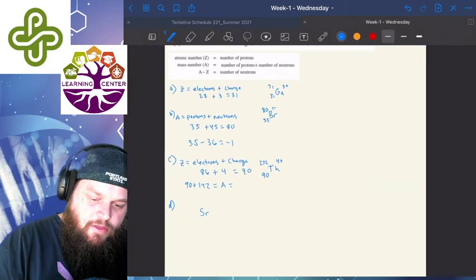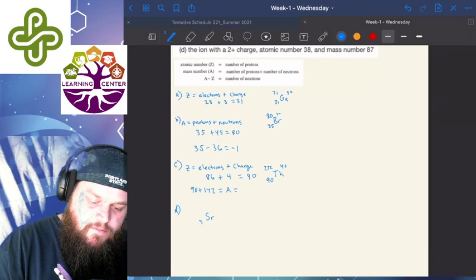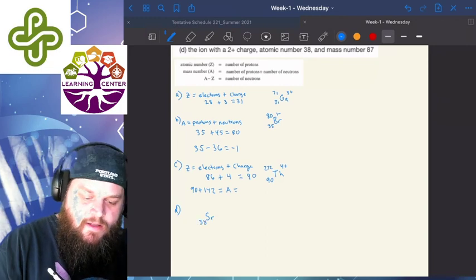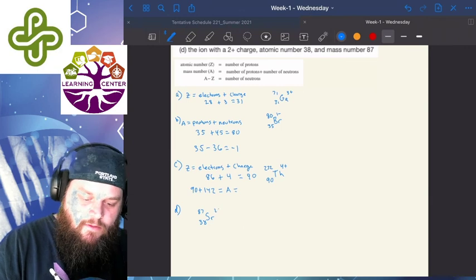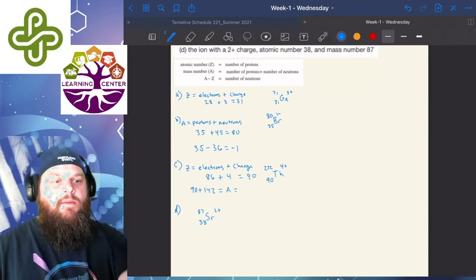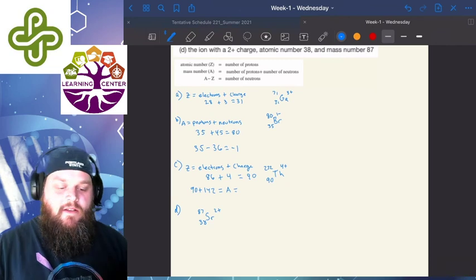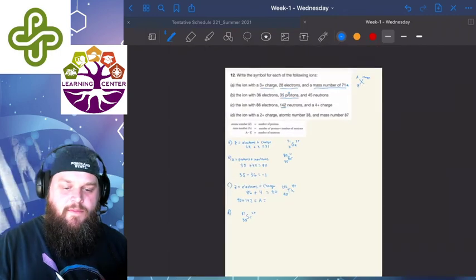We said it was 38. And it tells us the mass number, well, that's our A value. So we just throw 87, and it tells us our charge is 2 plus. So that one's really easy. It's basically all written down for you. And that's how you kind of determine the symbols on the periodic table of different charges that are there.